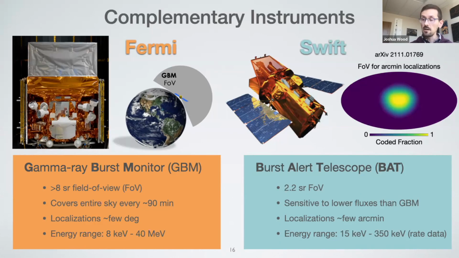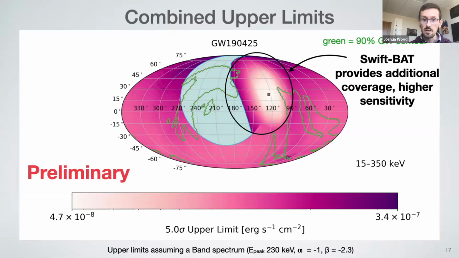Combining our information with theirs, we can produce a joint upper limit map from both instruments, where Swift provides additional coverage for its portion of the sky that's covered by its field of view, highlighted in this black circle. So it gives us a bit more coverage and a bit higher sensitivity.